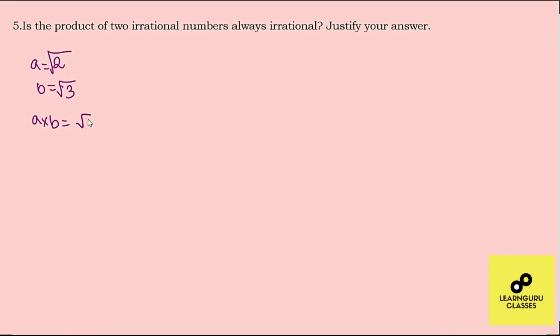Okay. But if we just replace A equal to root over 2 and B is also root over 2, so A into B, that is root over 2 into root over 2 will be 2. So see here, both of these two are irrational numbers of the same irrational number. So the product will give you a rational number. Okay.